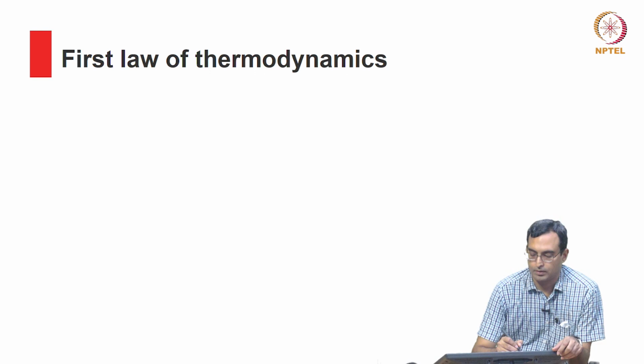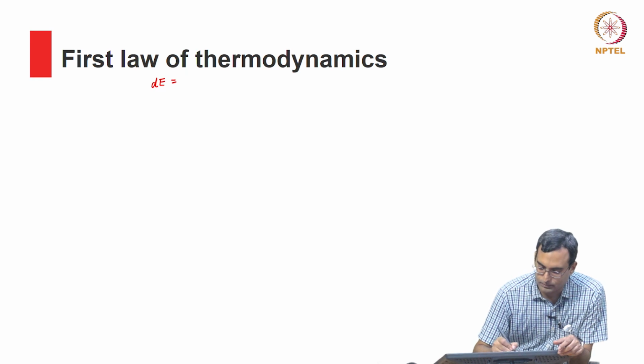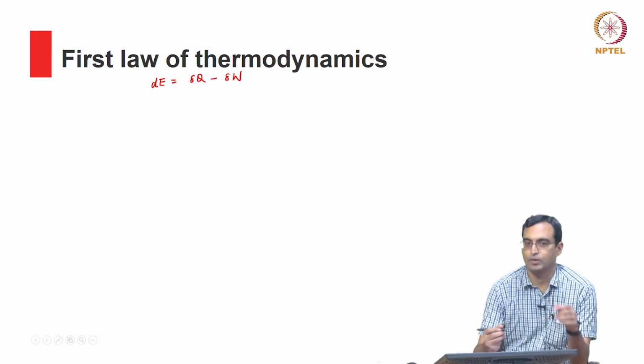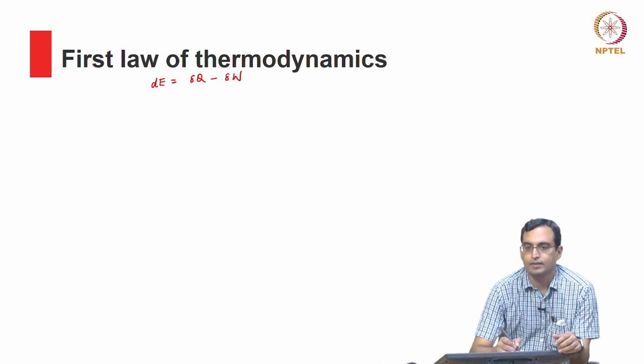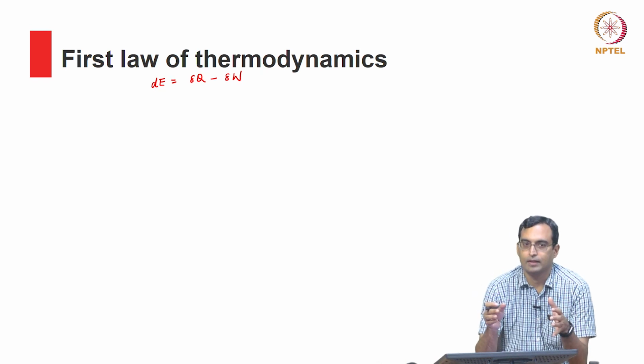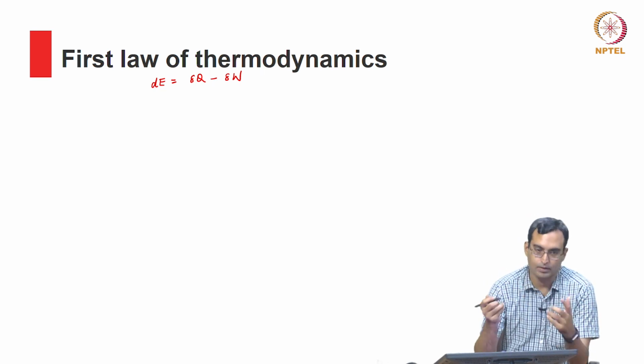We can write down the first law, which we had written in various forms. For a system undergoing a process, we have it like this. In this case, the system itself is stationary, so there is no change in the potential energy of the system. There is also no change in the kinetic energy because it is not moving.